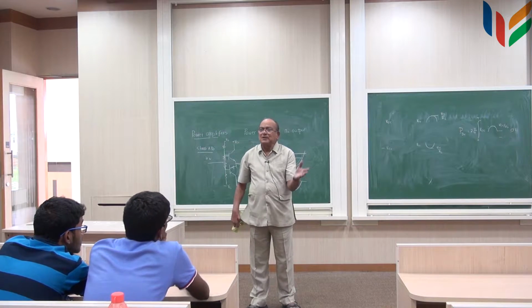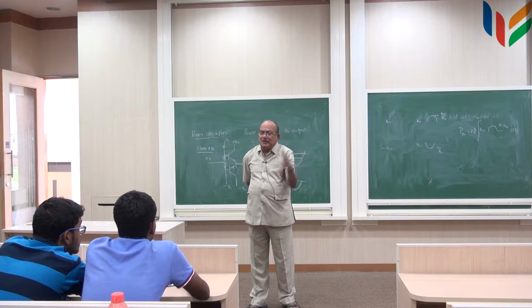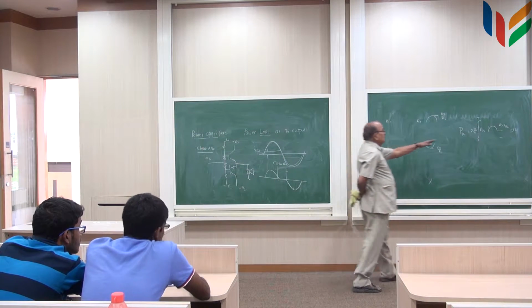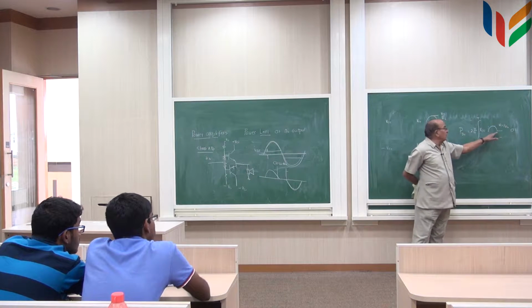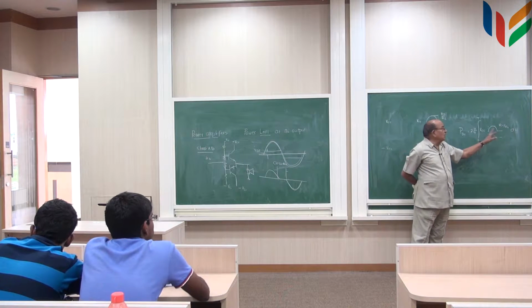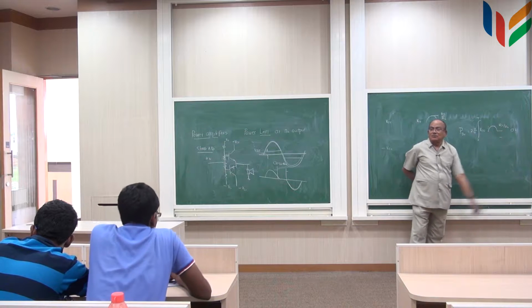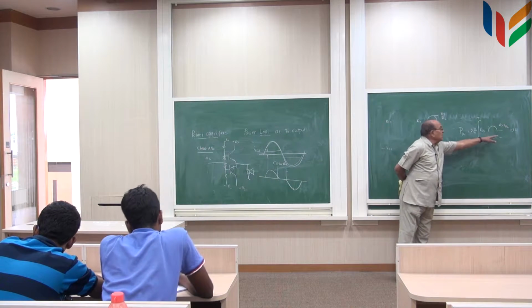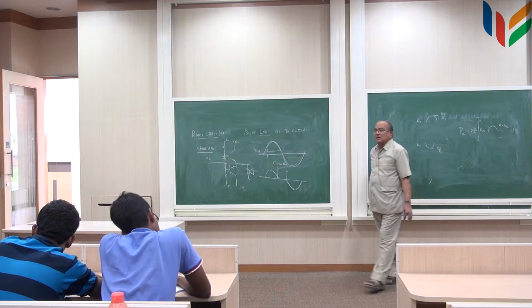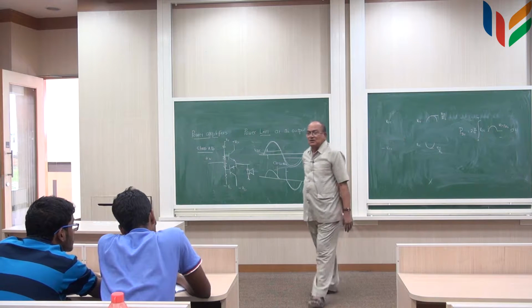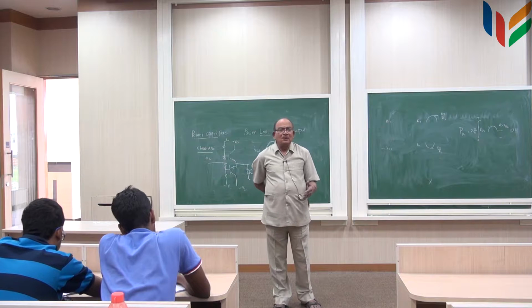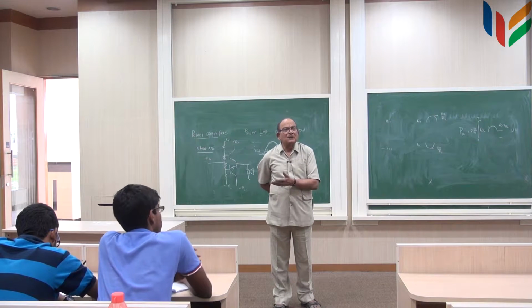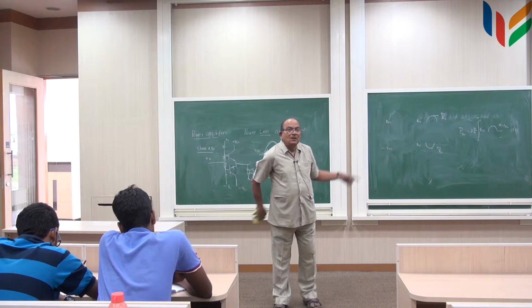Average power is V(t) into I(t) dt integrated over 1 cycle. Now, my V is constant, and I is a half cycle, corresponding to 0 for half and then half cycle for the other one. So, if I multiply this and integrate over dt and 1 by T, 0 to T, this will give me the average power that is supplied by VCC and also by minus VCC, because I put a 2 there.